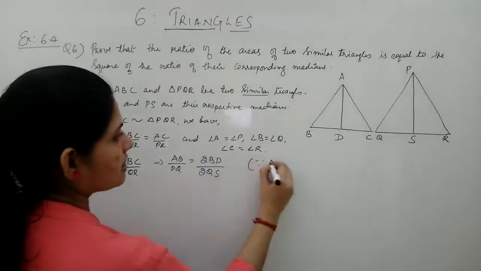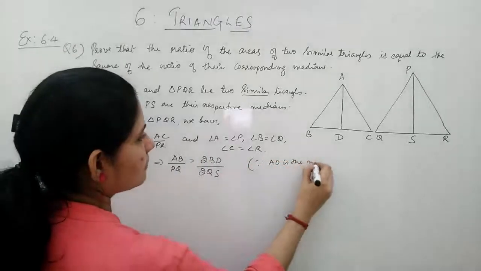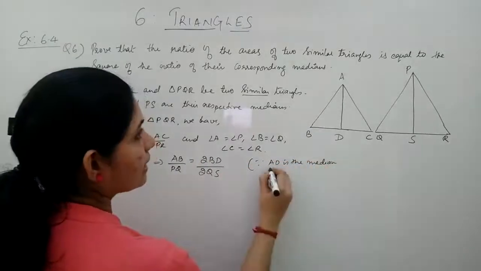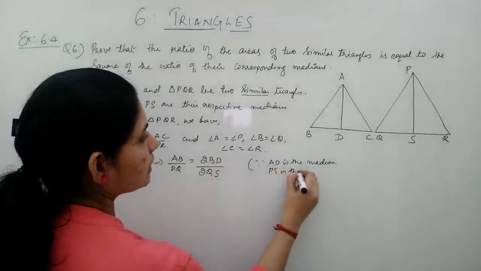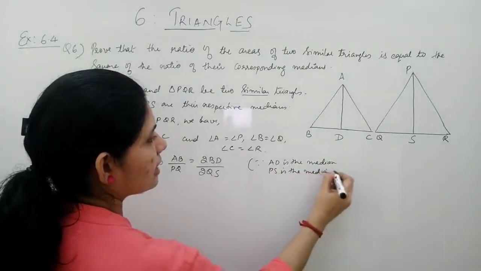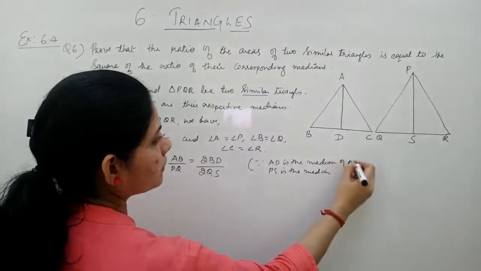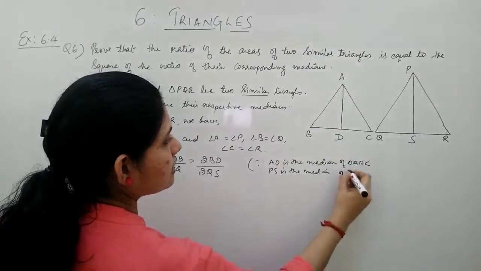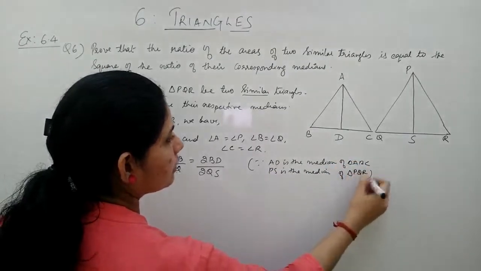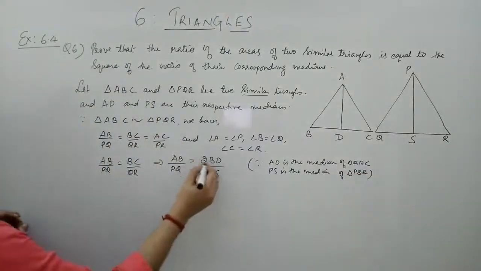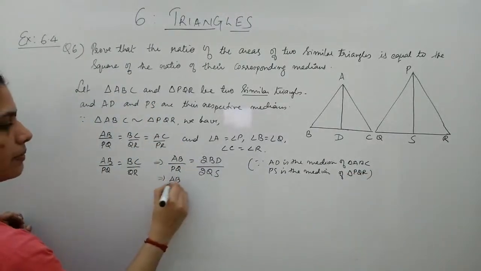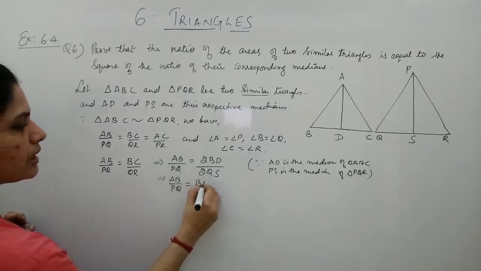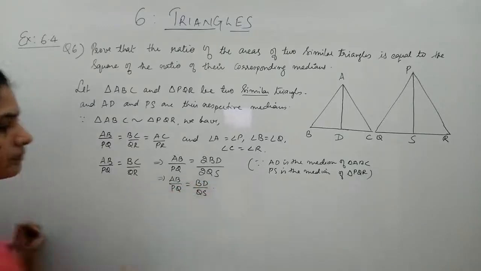Why? Since AD is the median and PS is the median, they will be acting as the midpoint. This is of triangle ABC and this is of triangle PQR. Clear? Now this 2 will get cancelled and you are getting AB by PQ is equal to BD by QS.